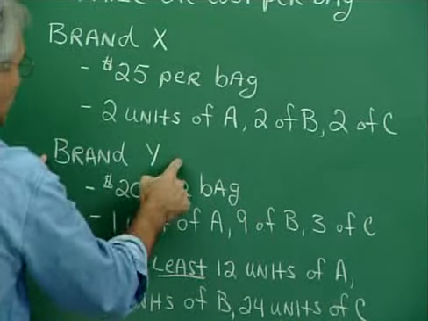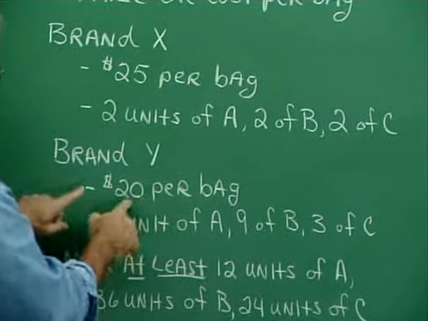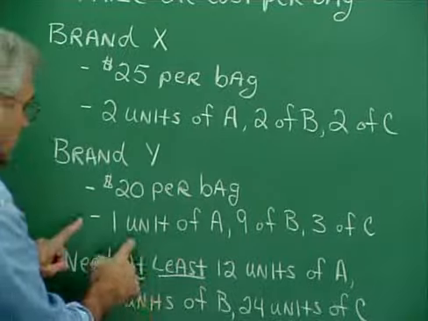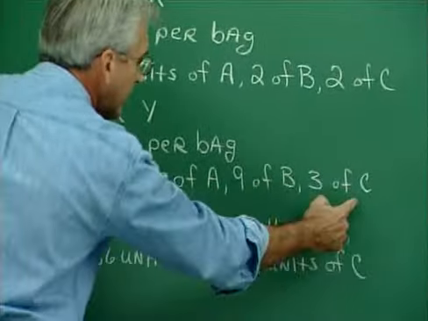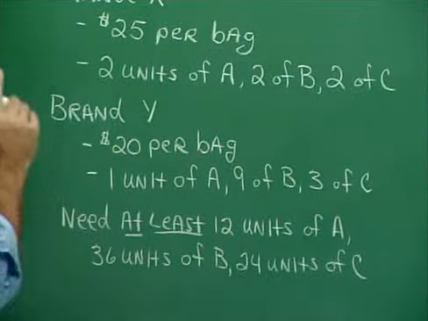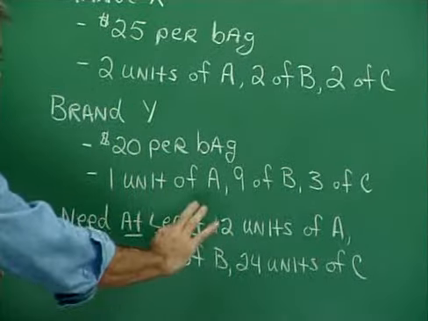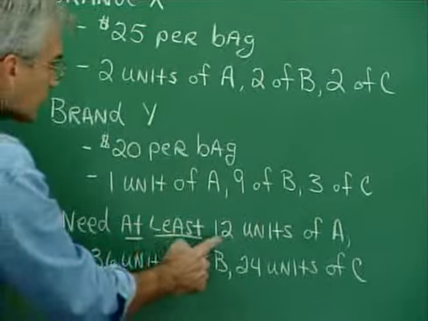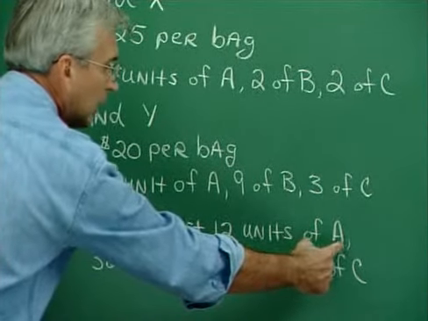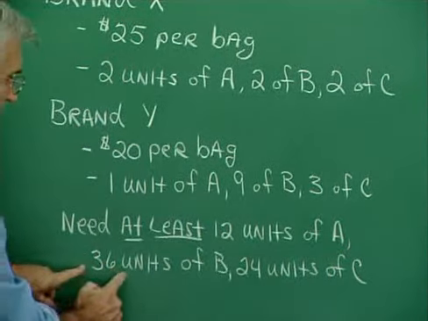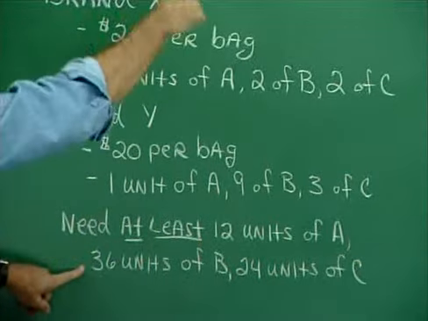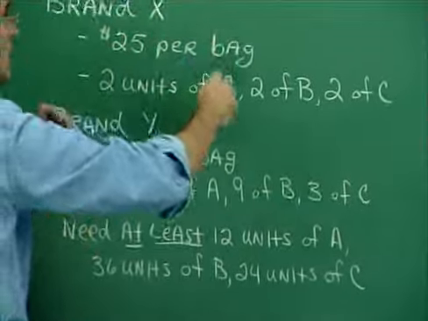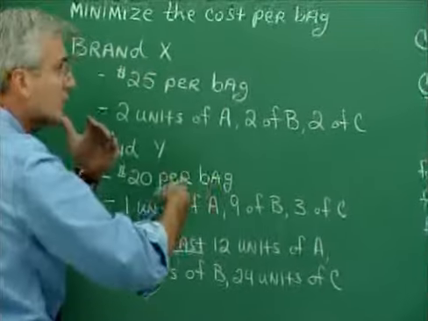And then we have brand Y. In brand Y, each bag costs $20, but it provides 1 unit of item A, 9 of B, 3 of C. Now, we need at least, this is a very important idea right here, we need at least 12 units of item A, 36 units of B, 24 units of C. Now, with all of this information, we begin to build our objective function and our list of constraints.